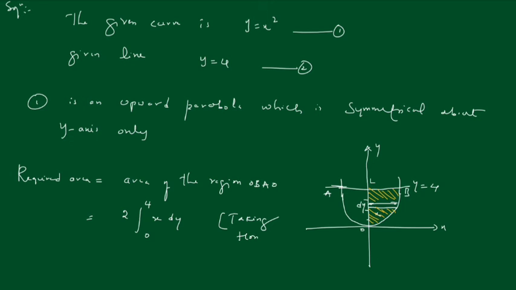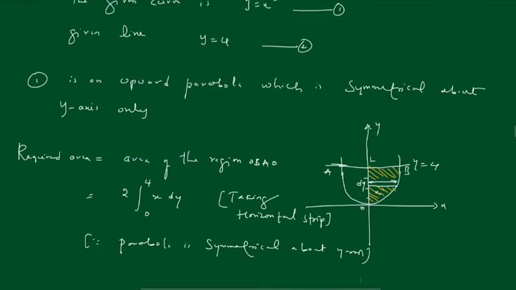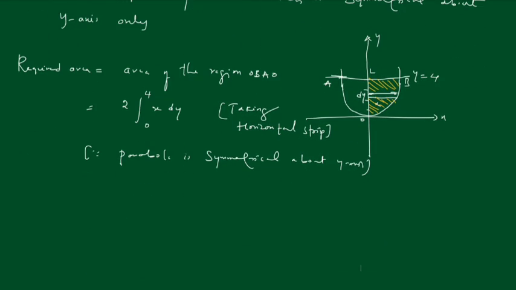So here the parabola is symmetrical about the y-axis. Symmetrical about what? The y-axis. So we can write this as integration 0 to 4 root y dy.